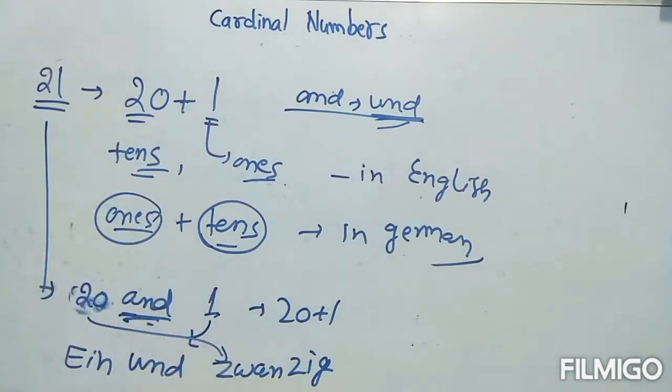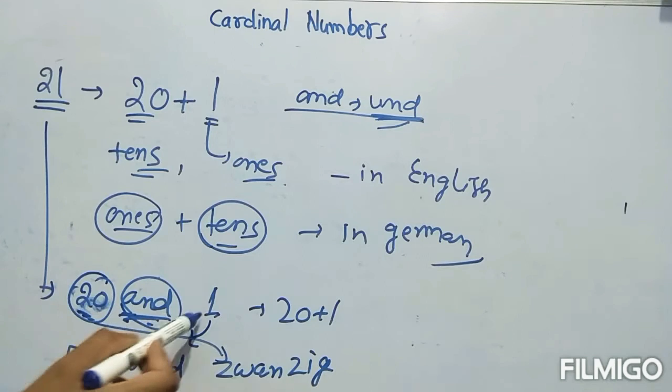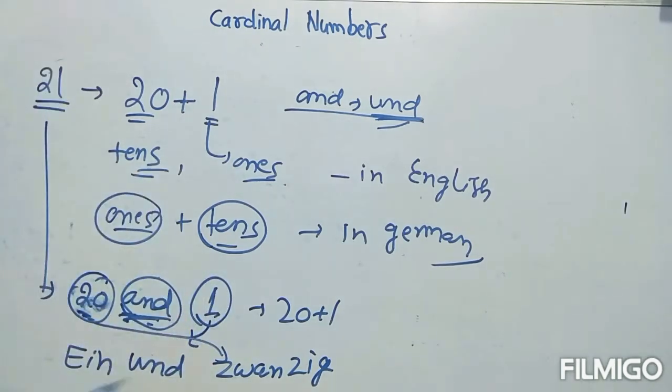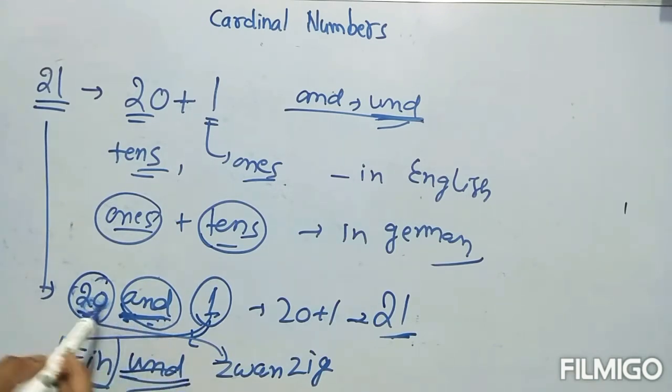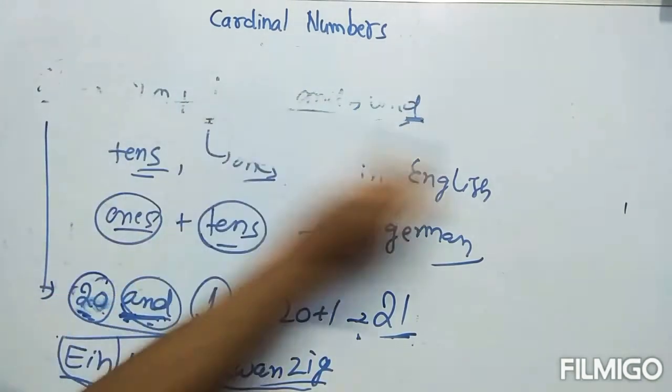So we have seen 20 and 1; this is becoming 21. We write first 1, ein, and und, and 20, zwanzig. This becomes 21, einundzwanzig.